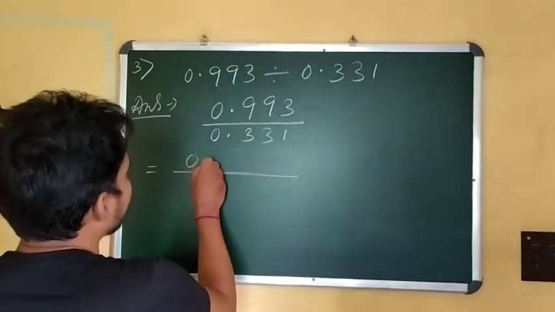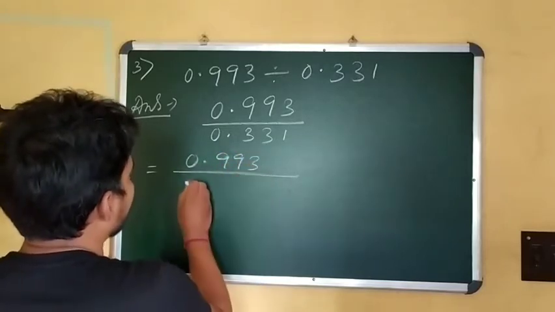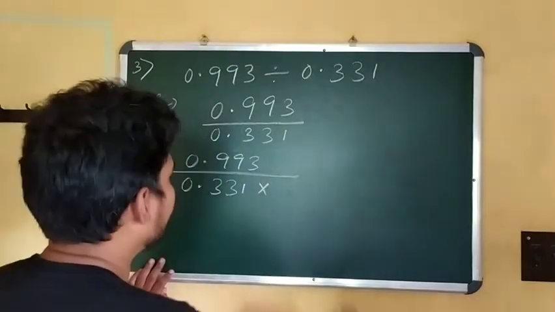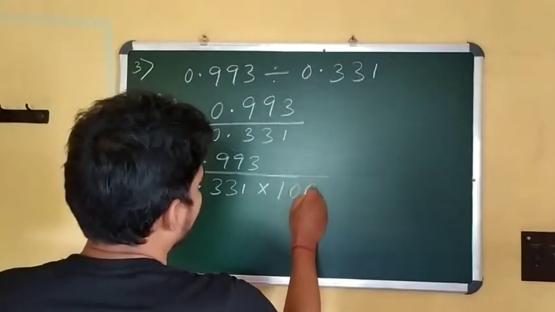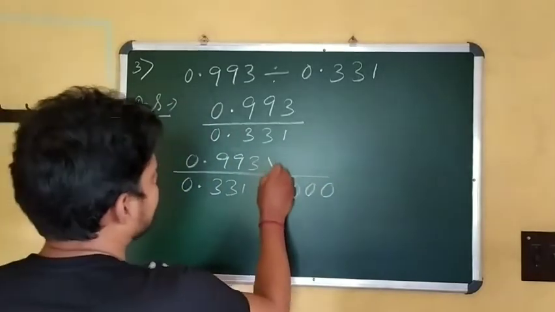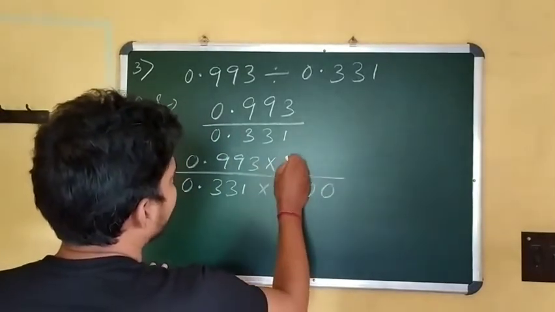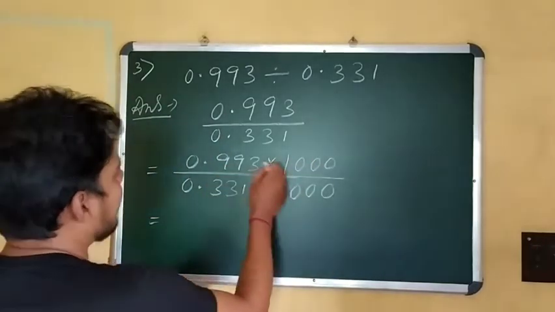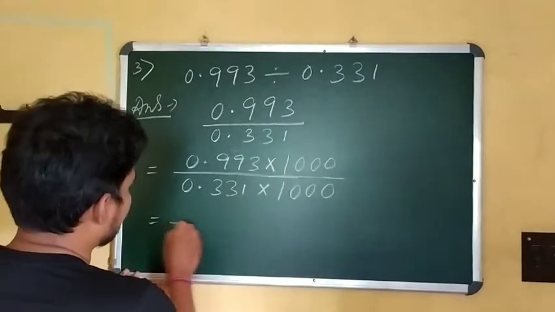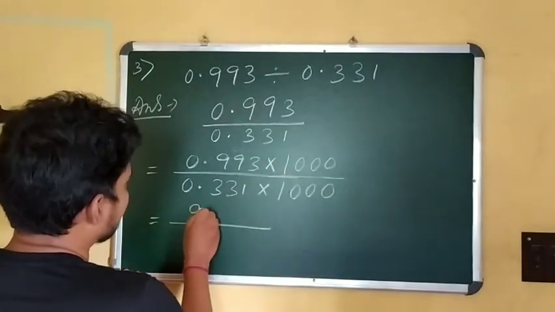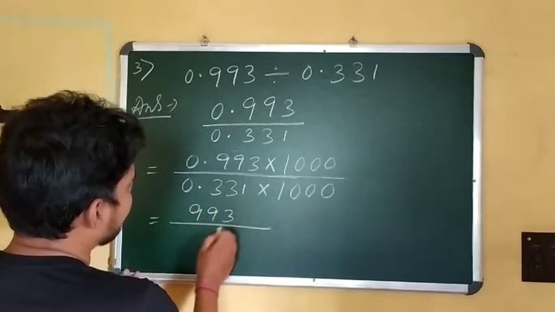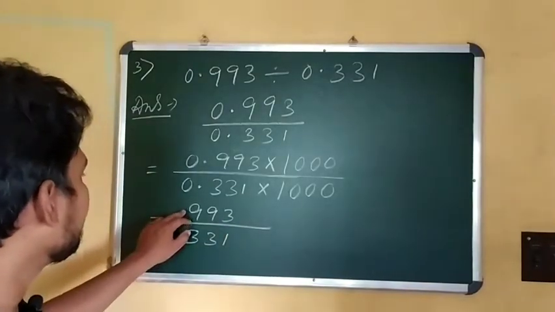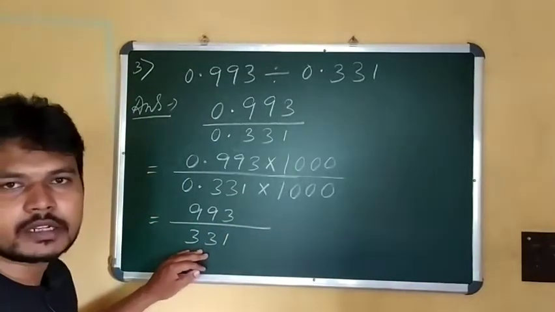At the second line you write down the same number, and to convert the denominator we have to multiply it by 1000, and similarly we multiply the numerator also by 1000. Then after multiplying by 1000, the numerator becomes 993 and the denominator becomes 331.